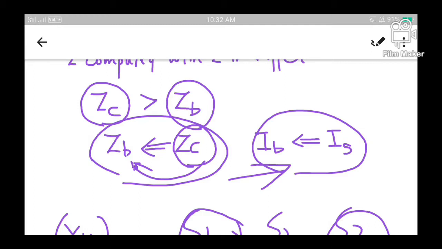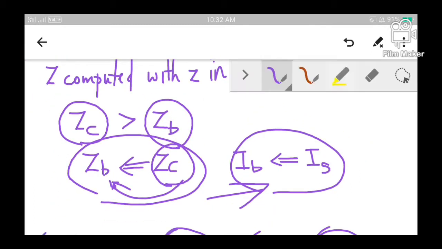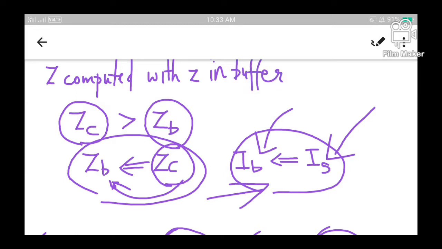So every time, the background intensity will be replaced by the intensity of the nearer surface. In this way, for every pixel position on the screen, we will be updating the intensity value and at the same time the depth value. So this is how we compute the depth values and intensity values for all pixels on the screen using the depth buffer method. Hope the concepts explained over here are understandable.